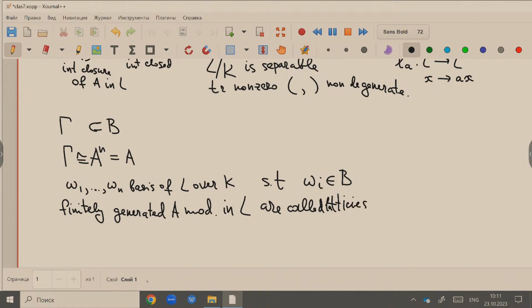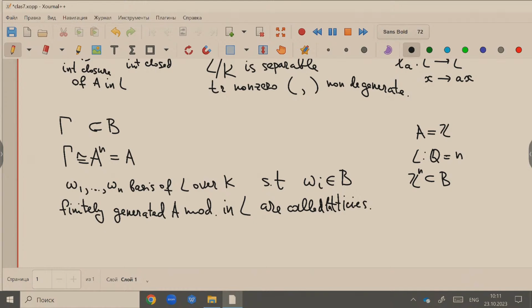Yeah, so why are they called lattices? Simply because you may think of A as Z. You can start from integer numbers, and if you have an extension L of Q of degree n, then of course we shall take B and it will contain Z to the power n.